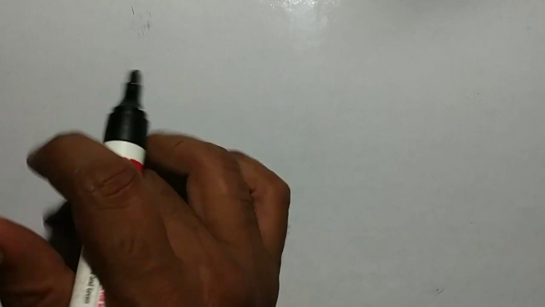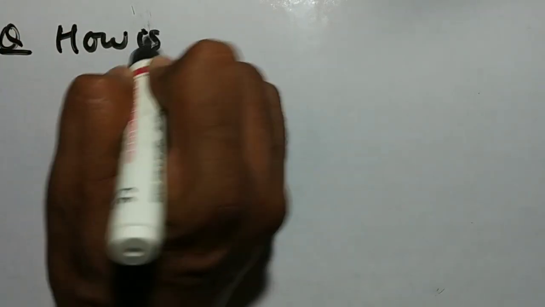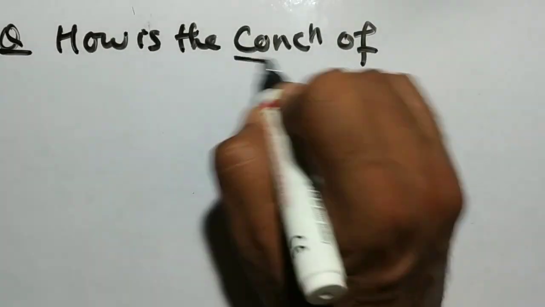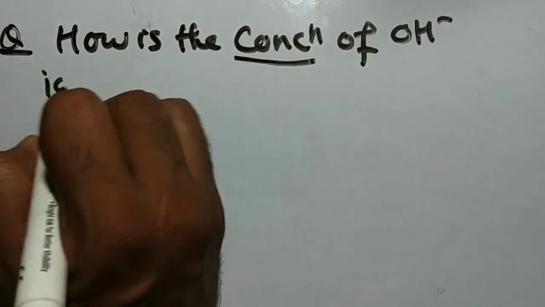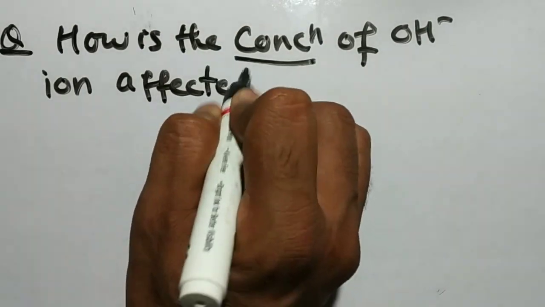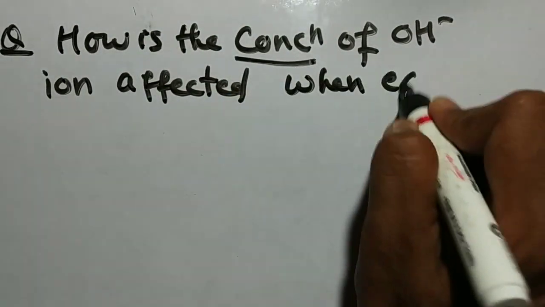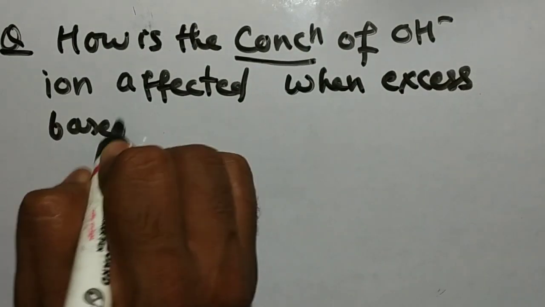Now dear students, on the basis of this question, one question arises. Write down the question, all of you. How is the concentration of OH minus ion affected when excess base or water is dissolved in a solution of NaOH?